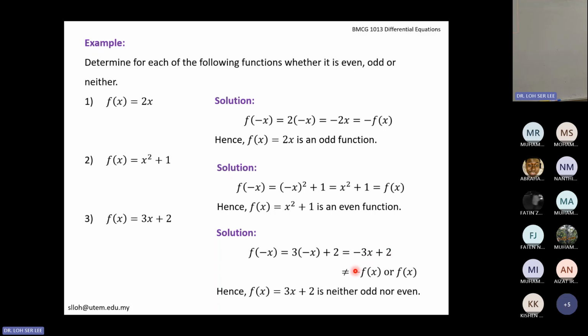So it is not equal to negative fx. You get what I mean? The first two are simple, they are more direct. But this one, you have to check whether this is equal to fx, no, or negative fx, but it is not equal to negative fx.